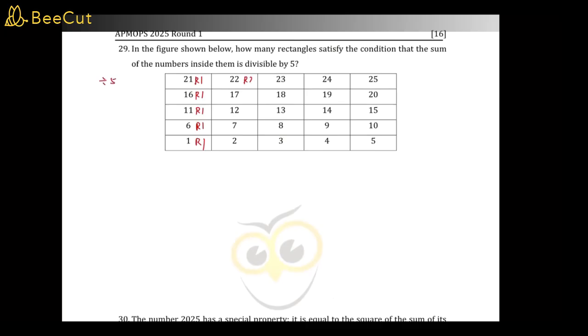Second column, everything is remainder 2. Third column is remainder 3. The fourth column, remainder 4. And the fifth column, remainder 5. Oh, we read remainder 0.